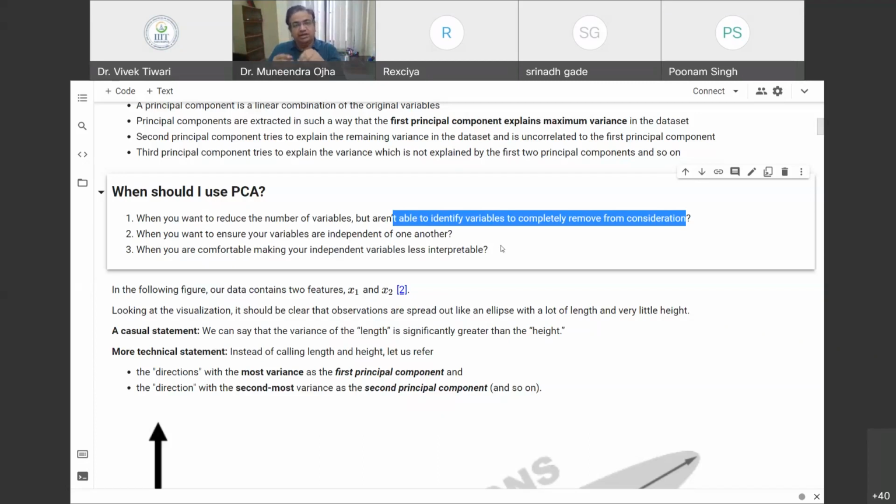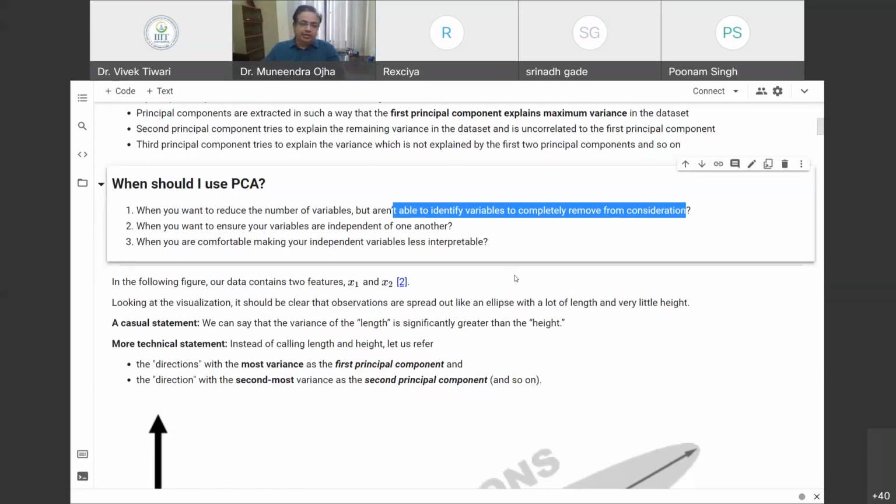Your data is not going to remain as interpretable as it was previously. Before, you could immediately identify male or female, and now with these numerical values you will not be able to uniquely identify the property. If you are comfortable with this transformation, then you should go for PCA.